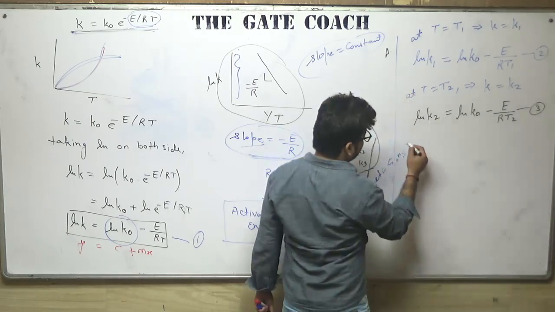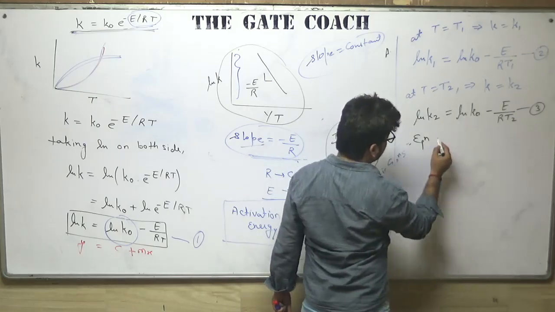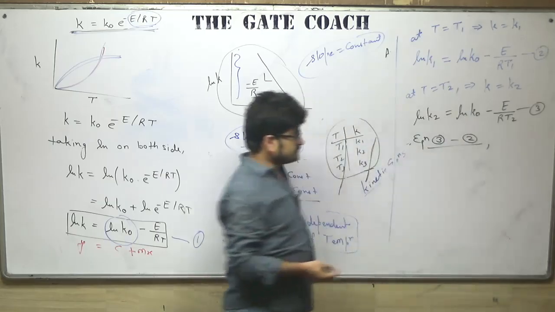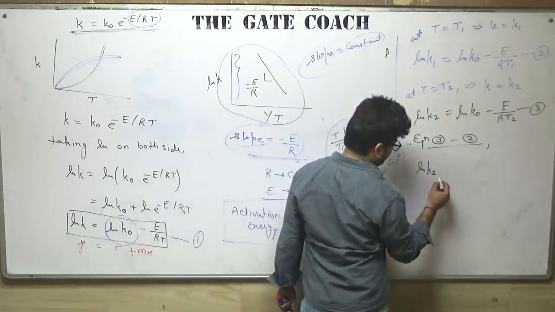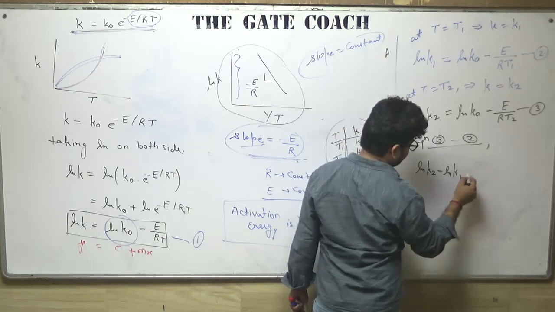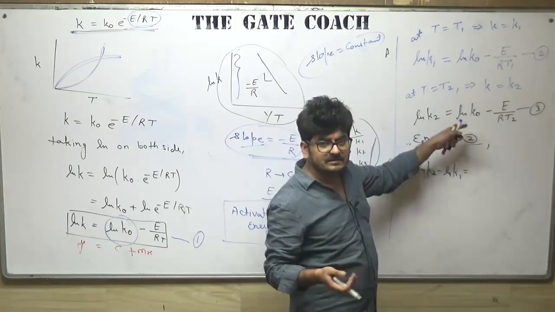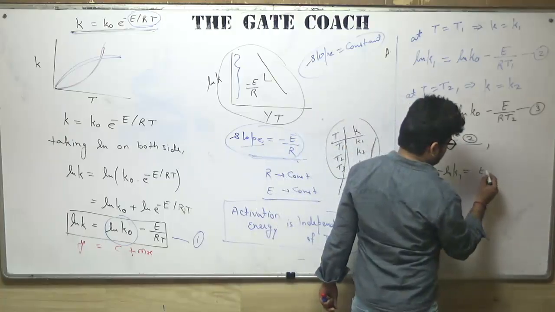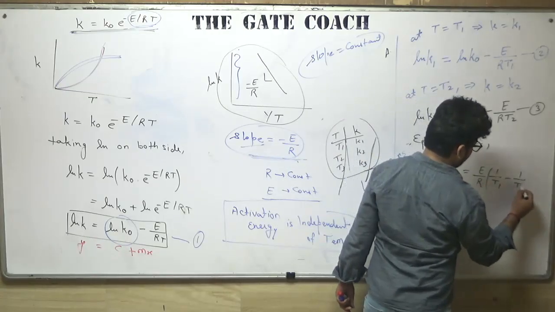So now just subtract equation 2 from 3. You will get ln K2 minus ln K1 is equal to, ln K0 will get cancelled because that is independent of temperature, E by R into 1 over T1 minus 1 over T2.